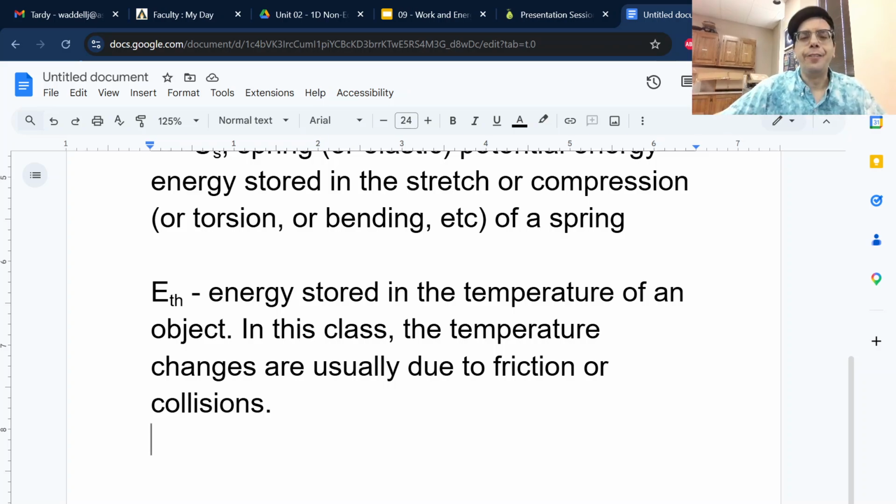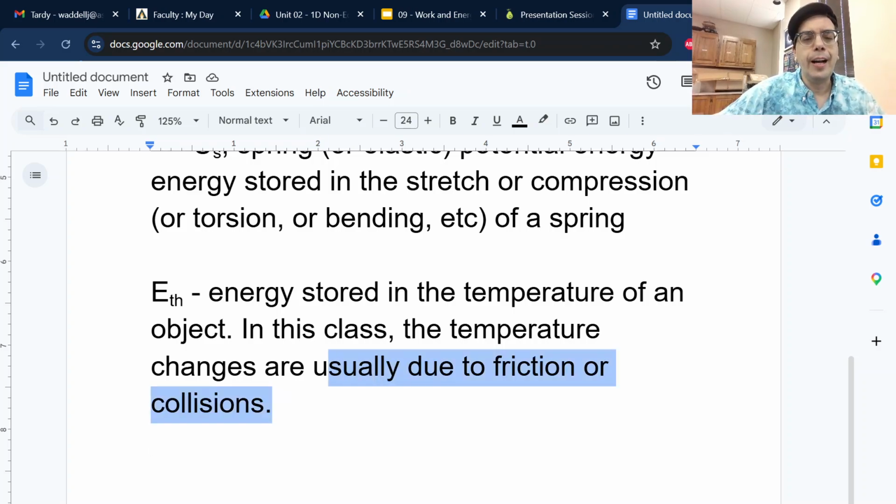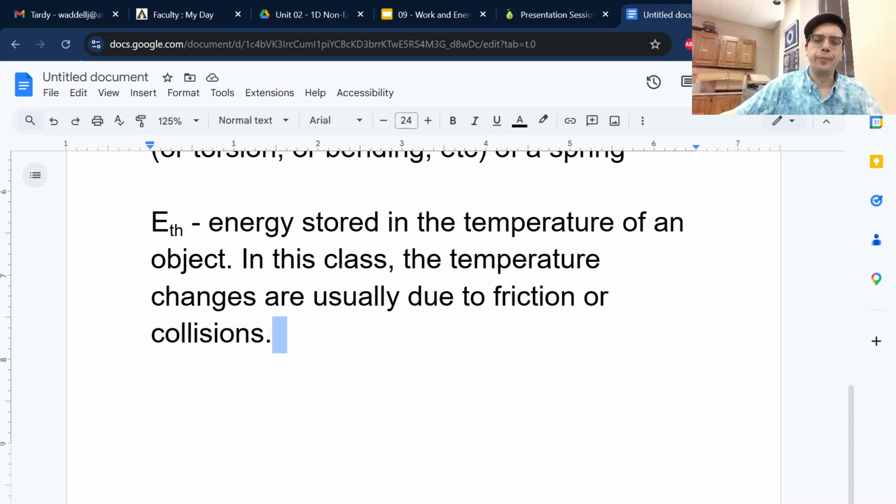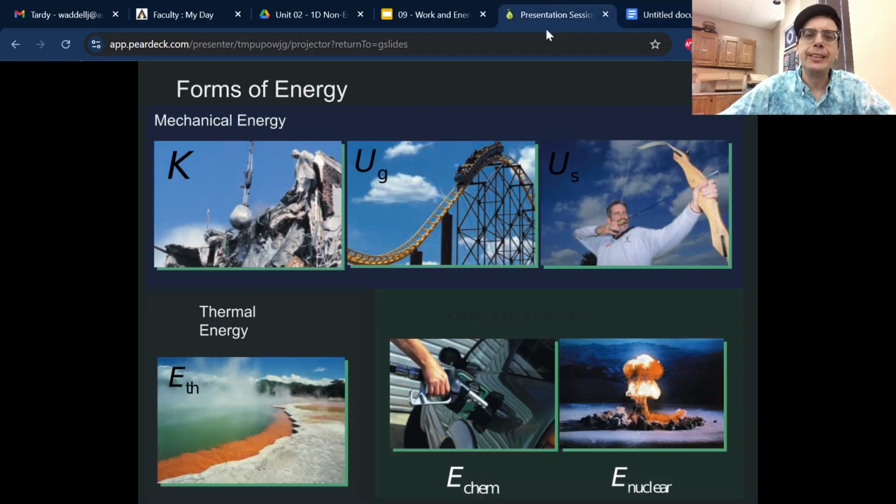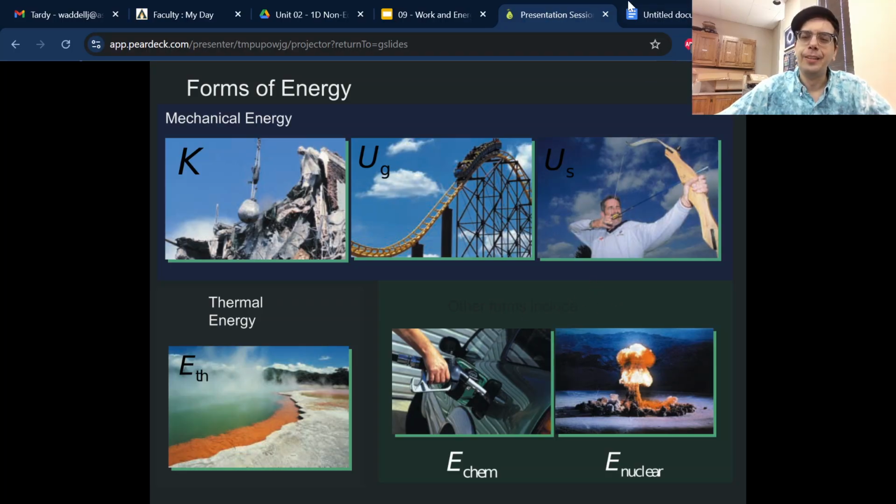I actually have kind of an objection to looking at collisions as a change in thermal energy. It's not wrong, but I think there's a better way to talk about it. But I'm not going to because no one else does, so we'll just call it thermal energy. Why not? Let's just do what everyone else does.